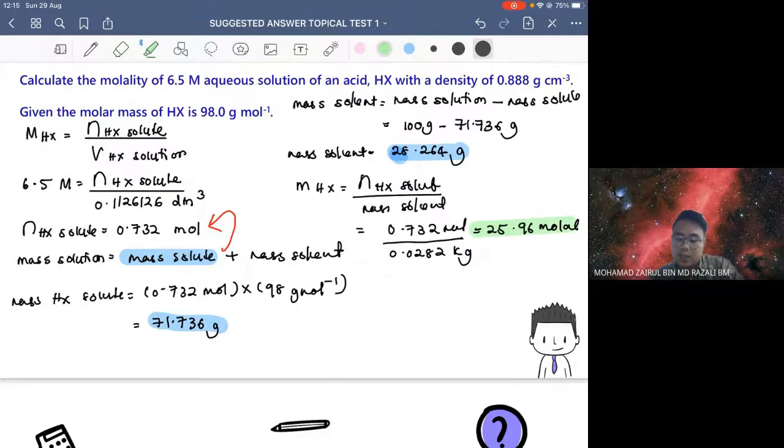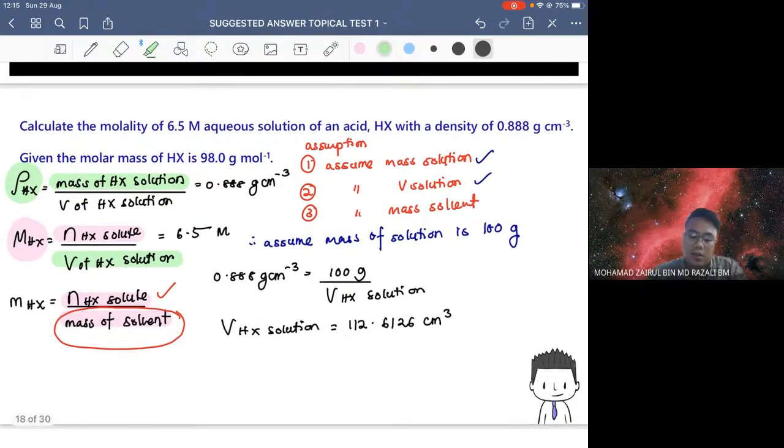So markah dia, markah yang pertama awak dapat waktu awak buat assumption. Tapi assumption awak tu kena clear. Mass solution ke, mass solvent ke, ataupun volume solution. Jangan tulis assume mass sama dengan 100 gram je. Jangan tulis macam tu. And awak kena ingat, nak assume tu awak boleh je assume apa-apa number. Tapi nak senang assume lah 100, 1000. Itu adalah assumption yang senang.